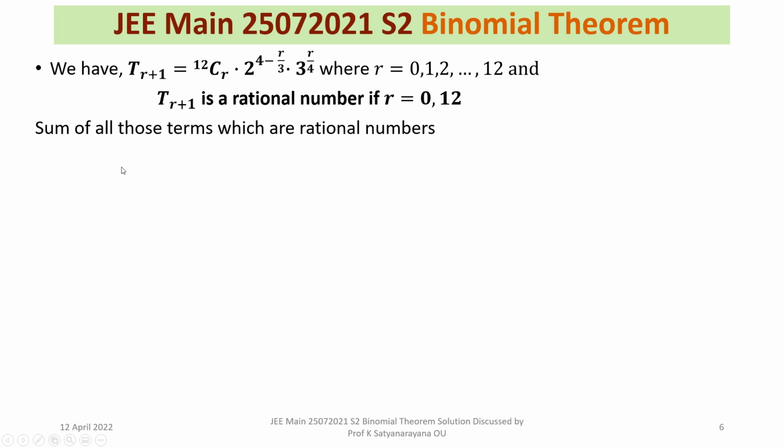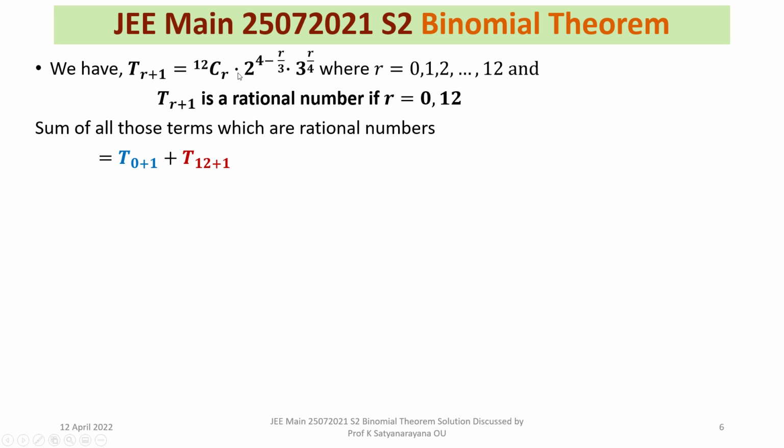Now we want to find the sum of all those terms which are rational numbers. That is the term 0+1 plus term 12+1, that is T_(0+1) plus T_(12+1).